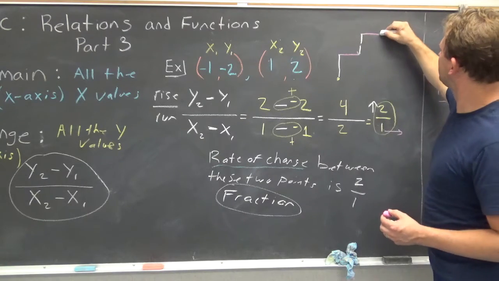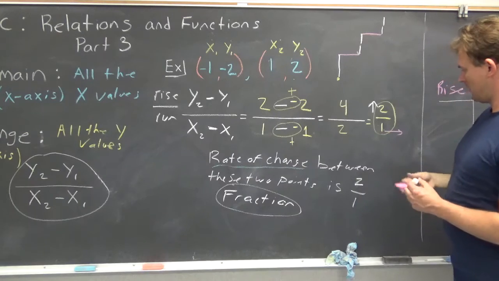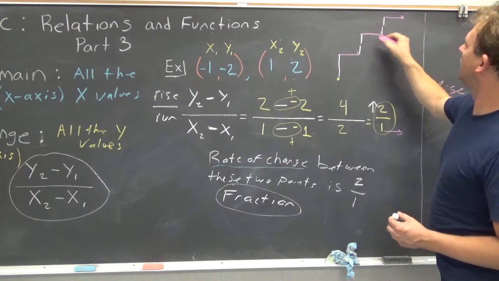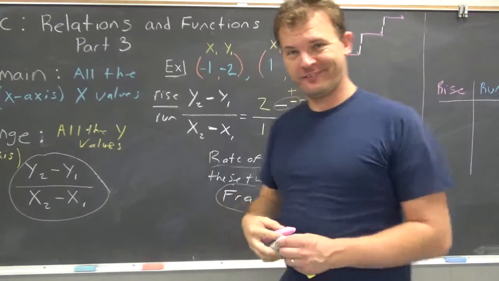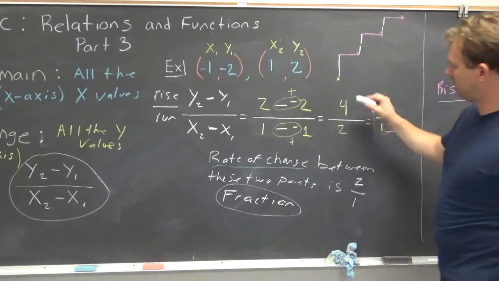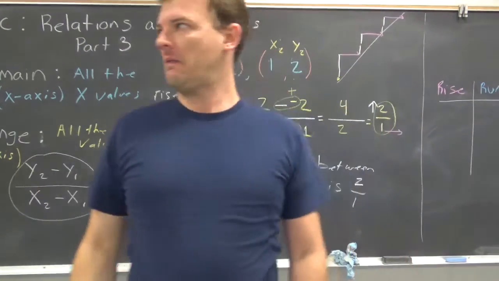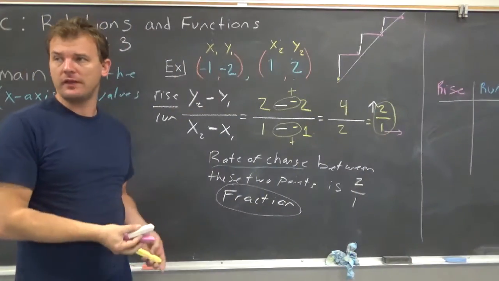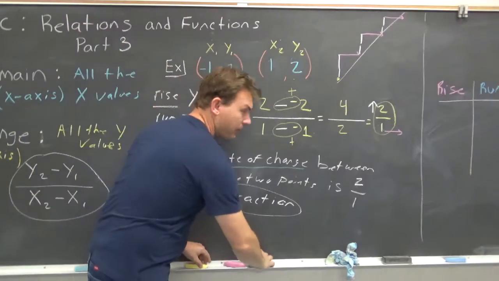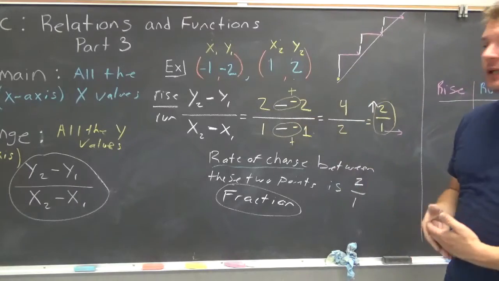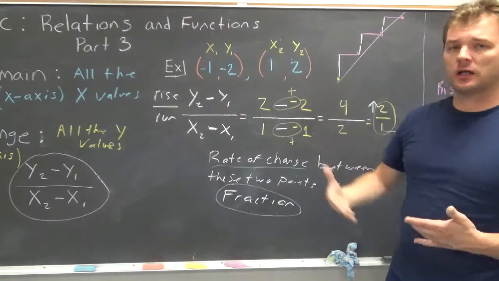Up 2, 1. You kind of see the pattern? And I tell you what, it's a staircase. And that's kind of what's going on with this. You are trying to develop some sort of equation, and just off of 2 points.